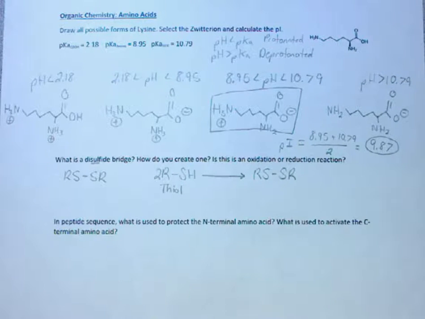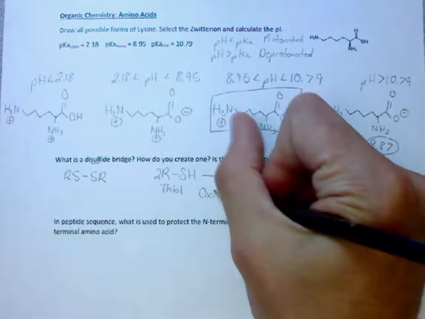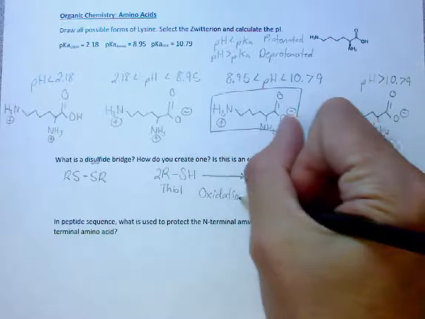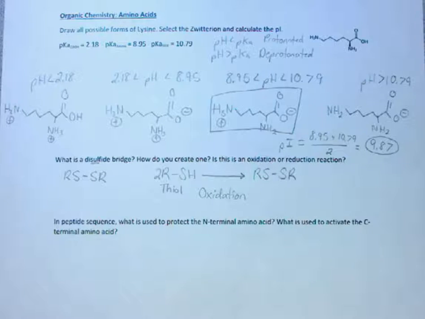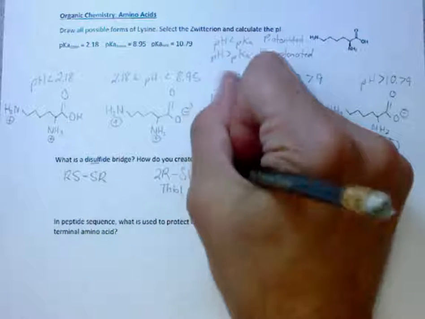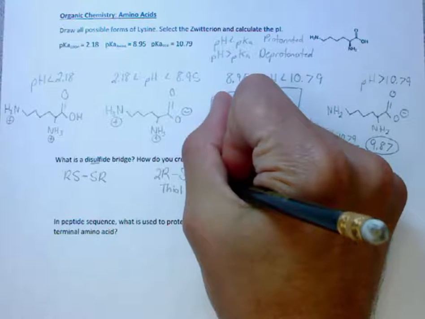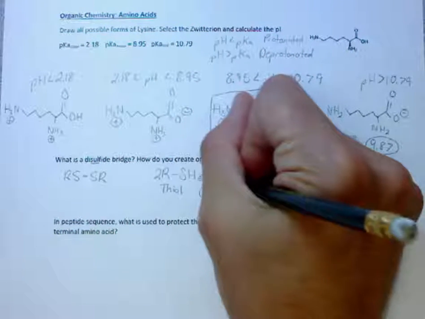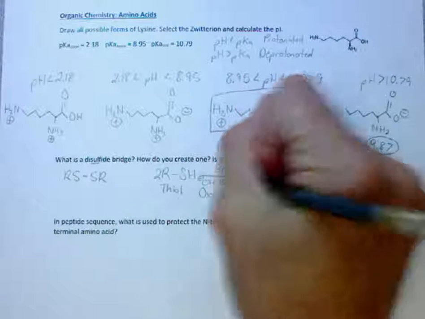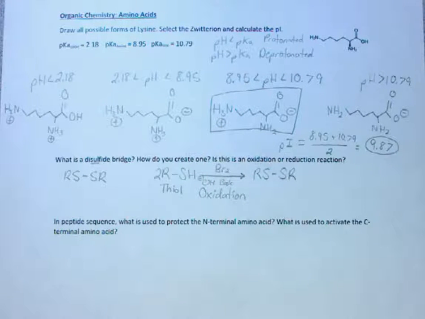Now this reaction is going to be oxidation because we are decreasing the number of hydrogen bonds. For the specific reagents, your book states that Br2 in basic conditions is a commonly used reagent.